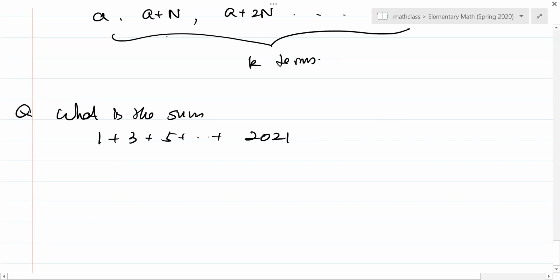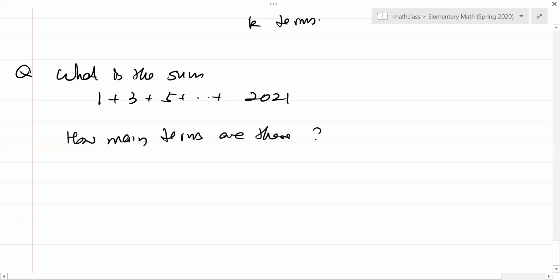All you have to do is to figure out how many terms there are here. How many terms are there?